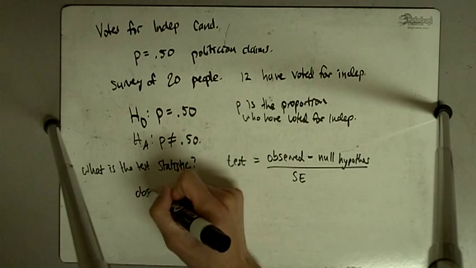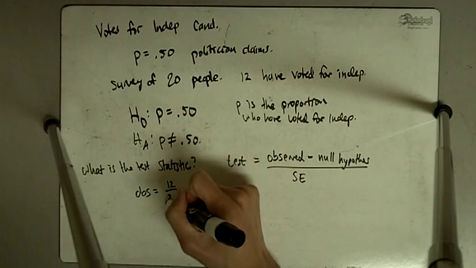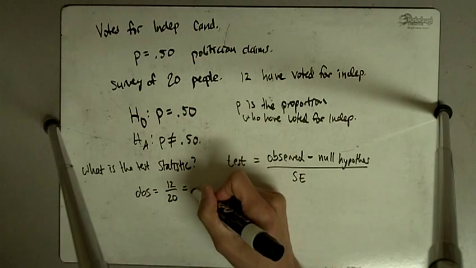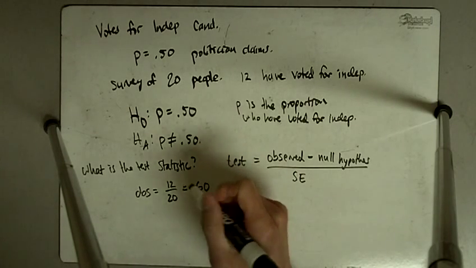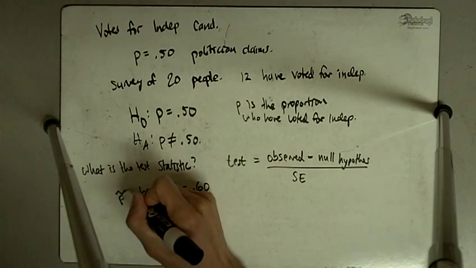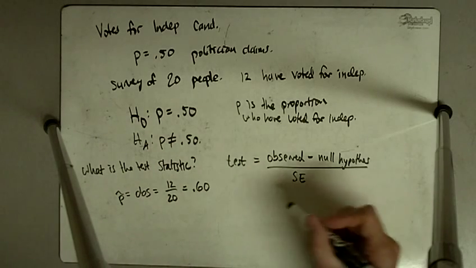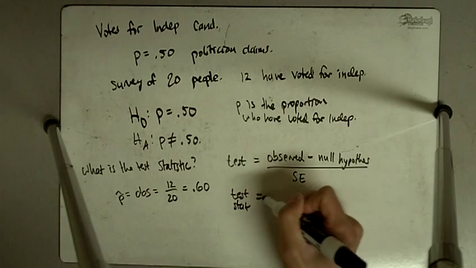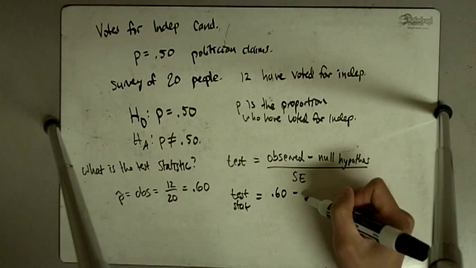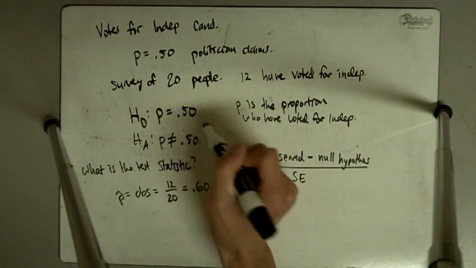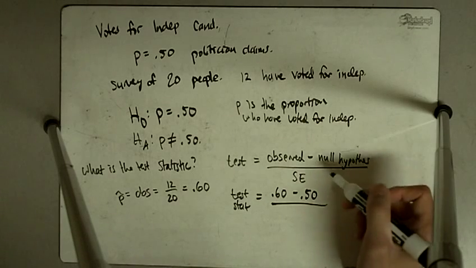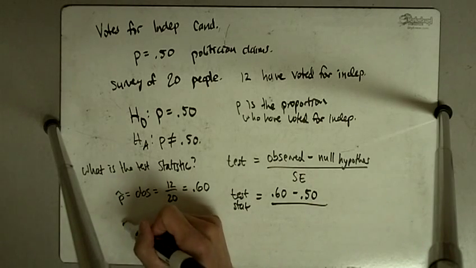Our observation is that 12 out of 20 people have voted for an independent candidate, so P hat is equal to 0.60. Our test statistic is 0.60 minus the 0.50 our null hypothesis expects, divided by our standard error.